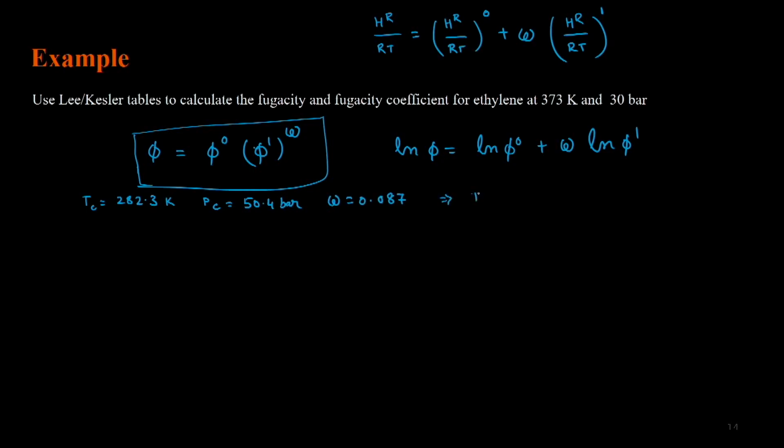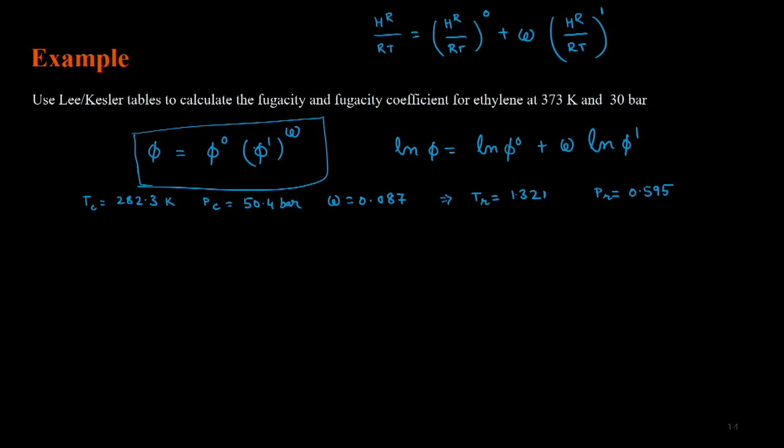And what this means is TR is going to be T over TC, which is 1.32. PR is going to be P over PC, which is going to be 0.595. At these conditions, in fact, TR is 1.321.